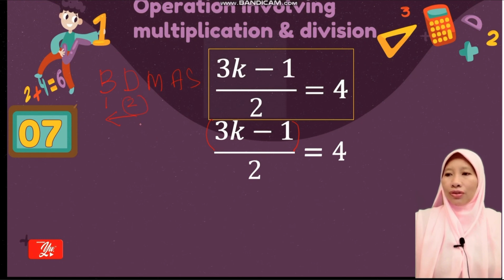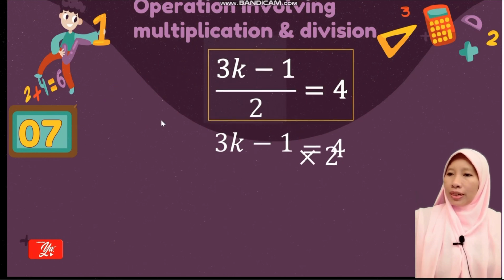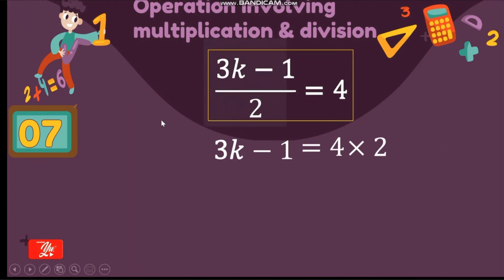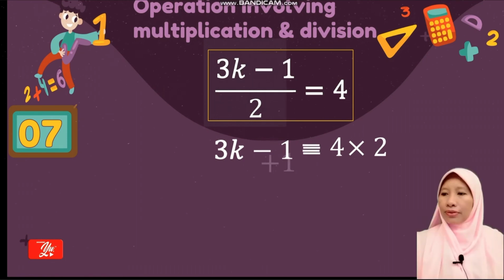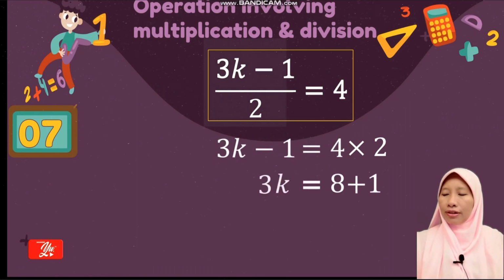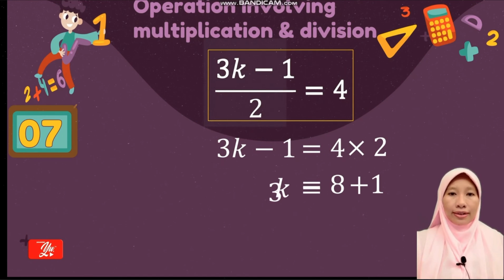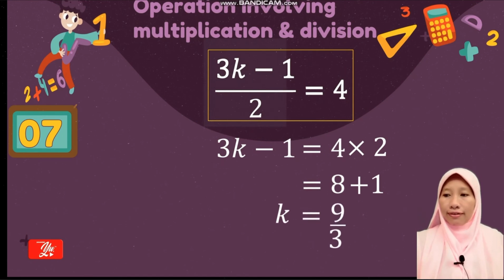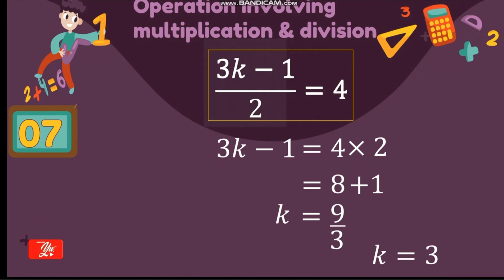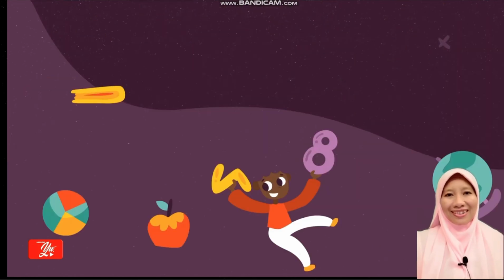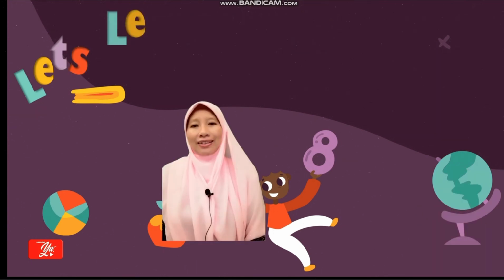So 4 times 2 is 8. 3k equals 8 plus 1. 3k becomes 9 divide 3. So k equals 3. Can you get that?